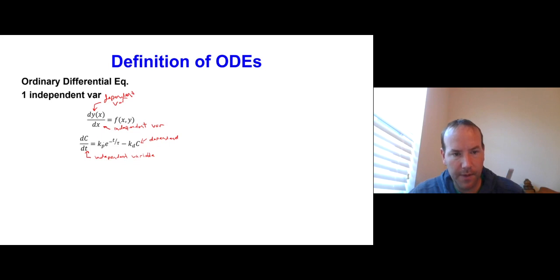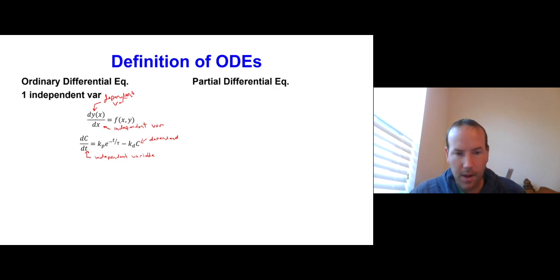So basically what we're finding is that the dependent variables are the things that you're predicting into the future, and the independent variables are the things that are being held constant, either by space or time in most cases.